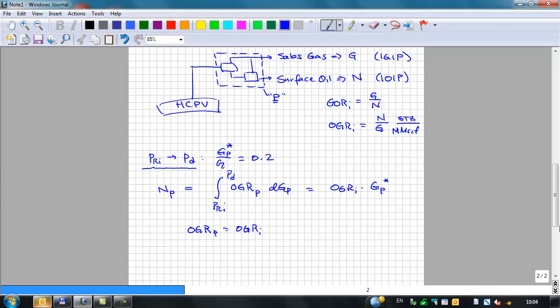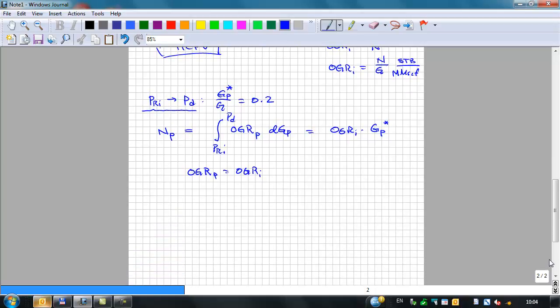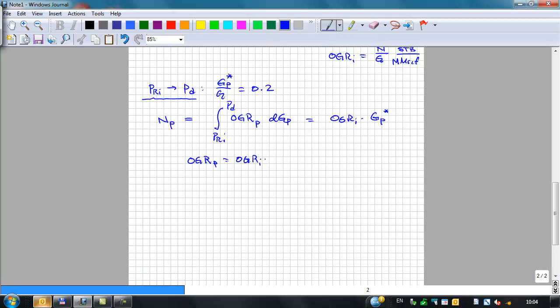Okay, so for this condition, when reservoir pressure is above or equal to the dew point, then we get this, right?